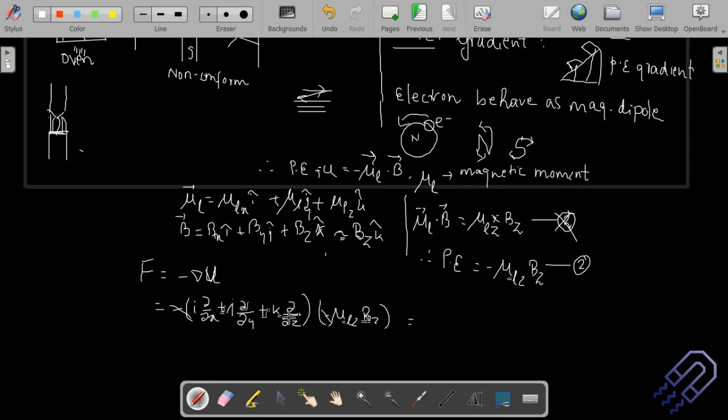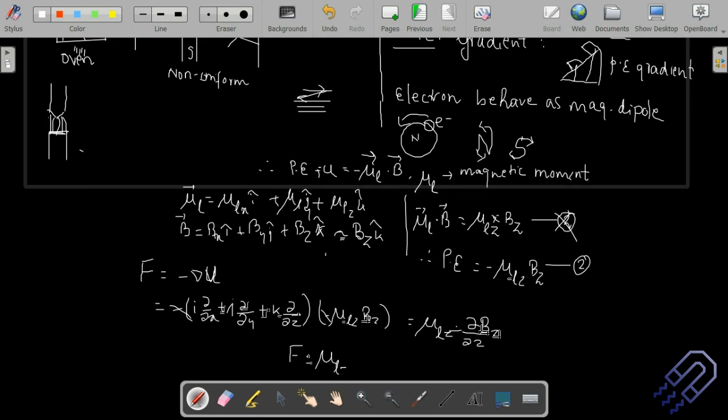Just del z makes sense. Other things are more or less zero because we only have the z component. Mu Lz is the magnetic moment along the z direction. That's a constant, so I can just take it out of the differentiation sign. This is mu Lz into del Bz by del z. That's the force that we have when we are basically having the electron.